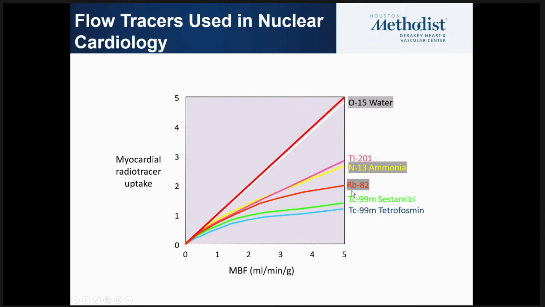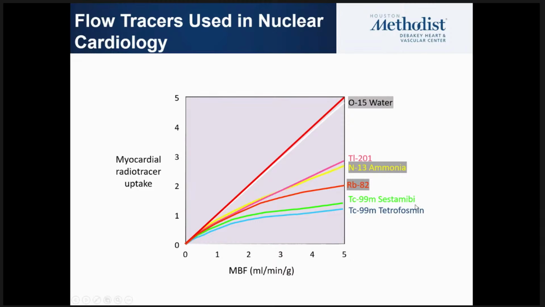That's why at this time it's clinically feasible to achieve good quality myocardial perfusion imaging with these, because it will take into account the myocardial tracer uptake and retention. So rubidium is probably the worst in terms of tracer uptake compared to the other PET radiotracers, and Sestamibi and tetrofosmin are probably the worst here.